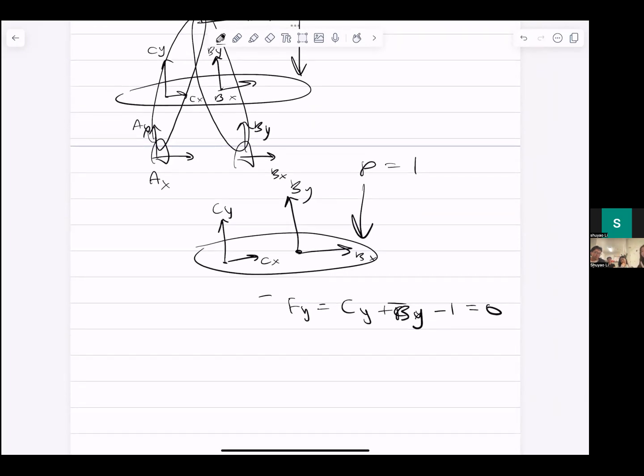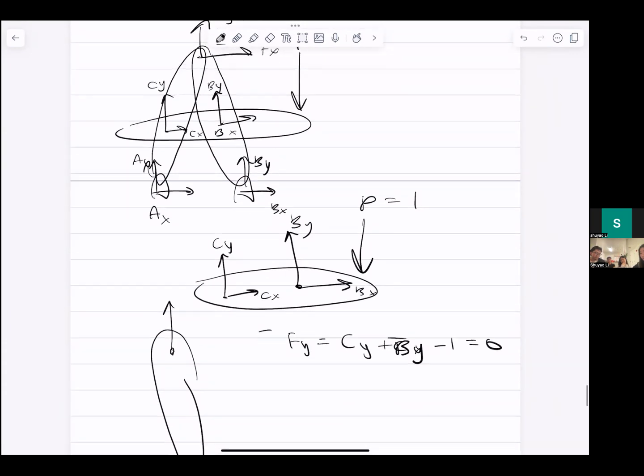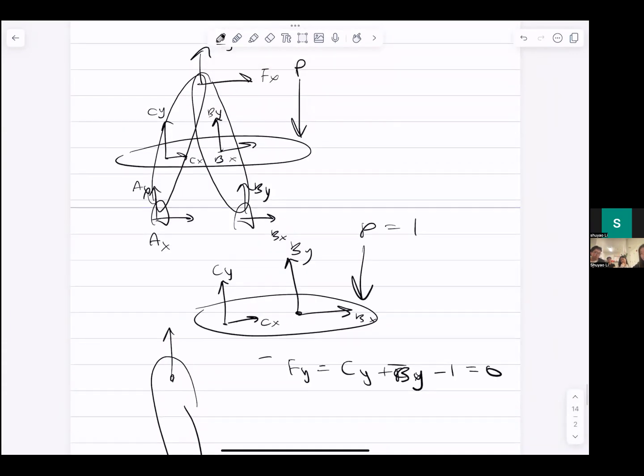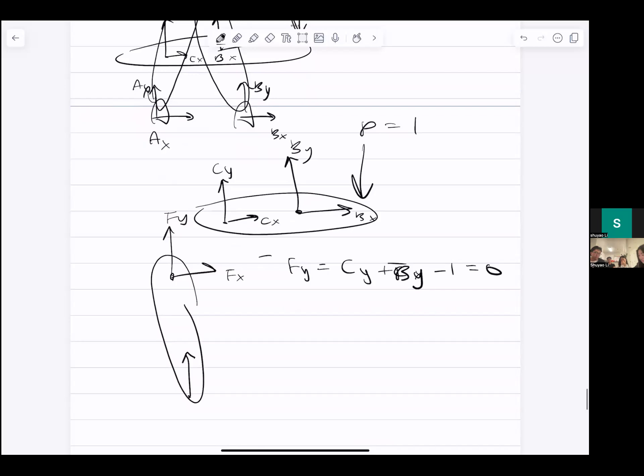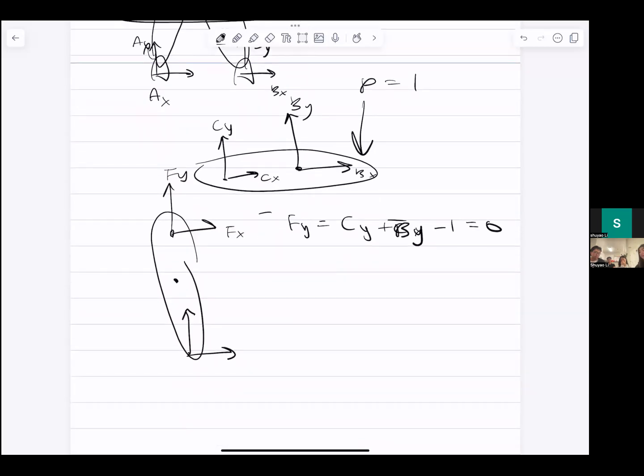This is also a really important point. Let's say we got a positive value for BY. That means we assumed this in the correct direction, so it would be pointing up for this bar. However, if we isolated this right-hand section right here, this is where B is.